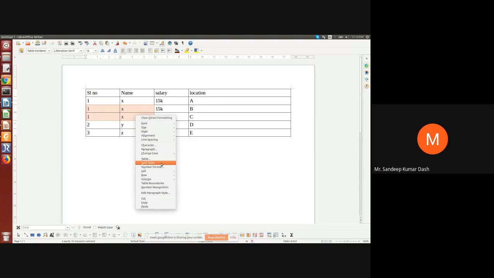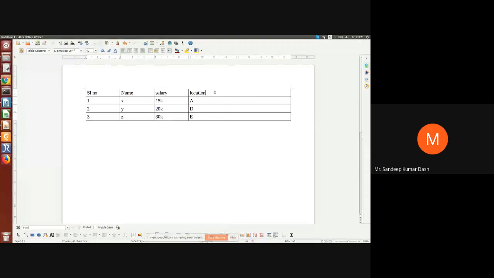Say I am opting for the second option, that I am creating columns. Here I am marking location 1, this location 2, this location 3.